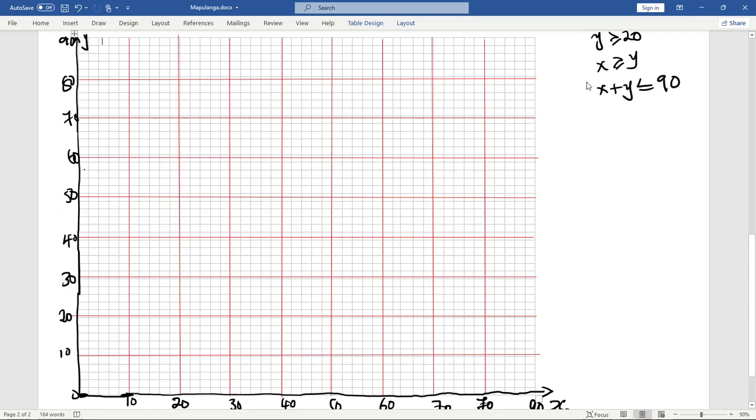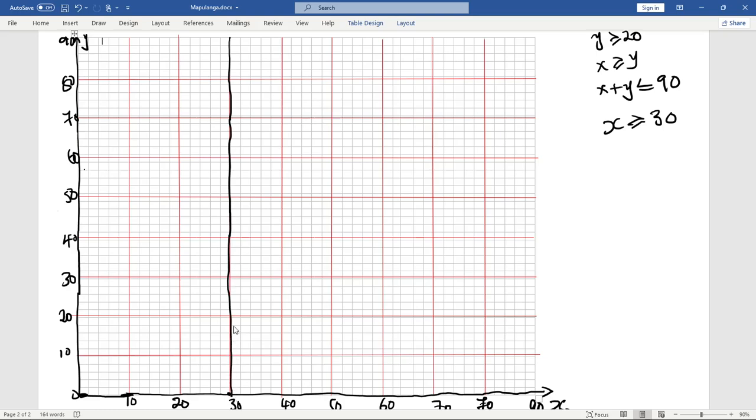So we have x being greater than or equal to 30. That means we go to where 30 is on x. So 30 is on this point here. So we draw a straight vertical line. Remember, on your graph, your lines are supposed to be straight, so you have to use a rule.